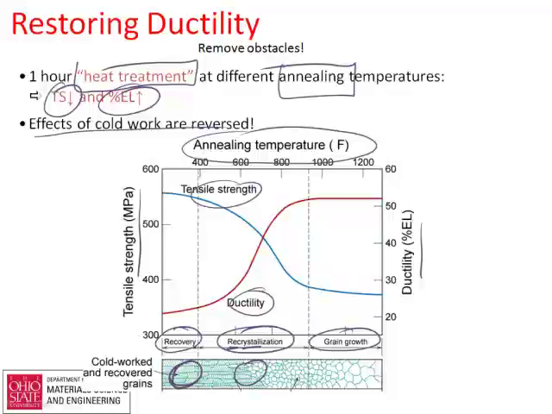That will cause your tensile strength to decrease because you're making new grains that don't have very high dislocation density in them, but your ductility increases quite a bit. Keep putting even more temperature into this, you end up getting grain growth. Your tensile strength is going to continue to decrease somewhat. Your ductility doesn't end up increasing very much anymore, so you're mostly just losing strength through this grain growth process.